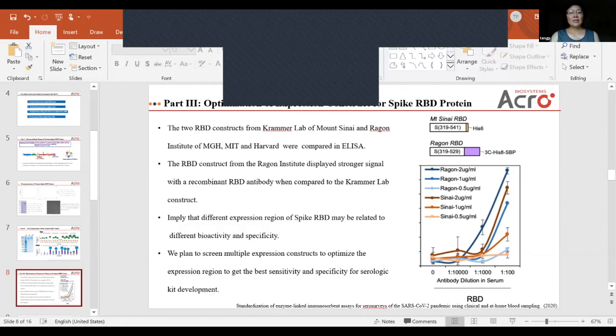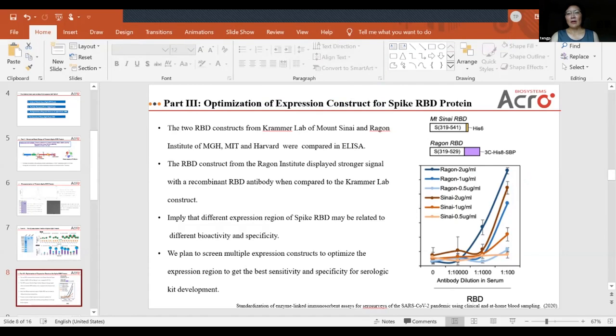We tested those constructs expressing RBD protein in ELISA, and you can see from this chart, the Regeneron RBD recombinant protein seems to be performing better compared to Monsanto's RBD, and gives you higher bioactivities.